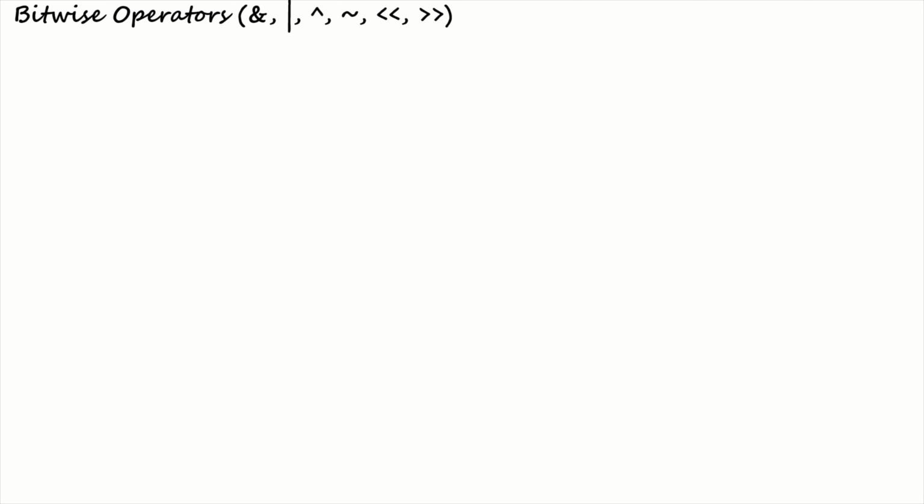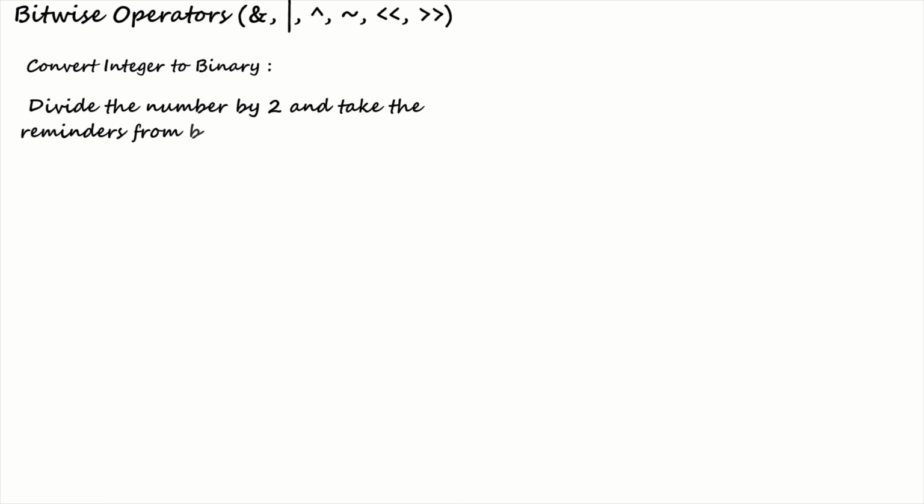Before that, let's understand what exactly bits are. Suppose I have an integer and I want to convert it to binary. The rule is we have to divide the number by 2 and take the remainders from bottom to top. For example, suppose I have the integer 10 and I want to find its binary.